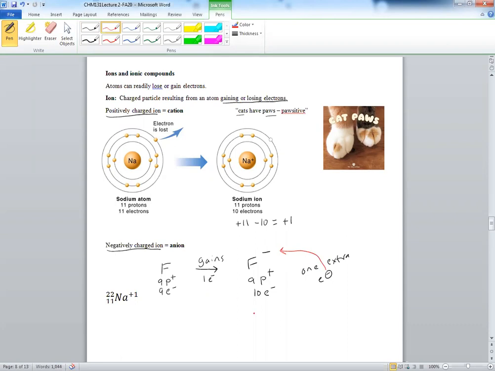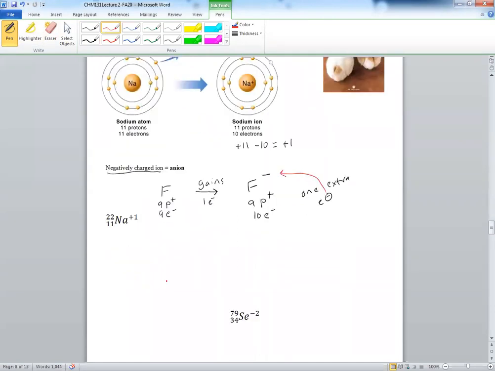Now, with this negative and this positive, if it's 1, we usually don't show the number. But in this case, we can just keep it, like in sodium right here.